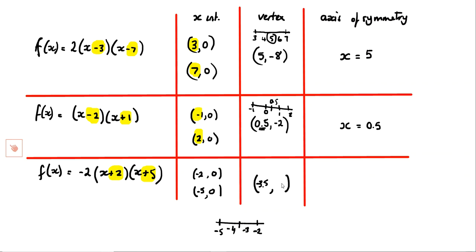How would I find that value? Because I could use my calculator, but there is another way of doing it without having to graph it. What I would do is, it's x equals negative 3.5, which means, can I stick that in here? So to work that out, I would do negative 2 times negative 3.5 plus 2 multiplied by negative 3.5, plus 5, right?